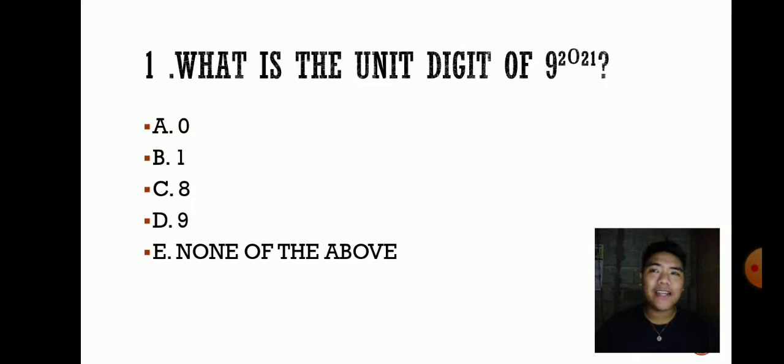Some students would say that it's too hard because there are a lot of processes to utilize when you directly power the 9 into 2021. But when you look at the digit, we would find some patterns that we can use when we solve this problem. So let's take a look at it.